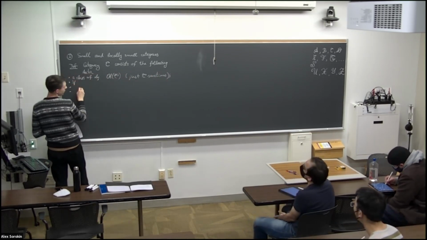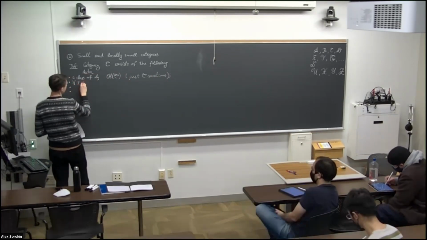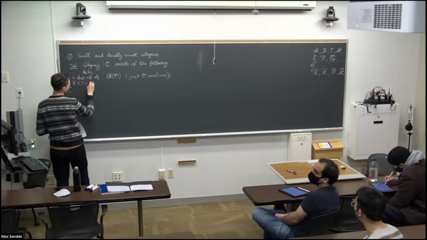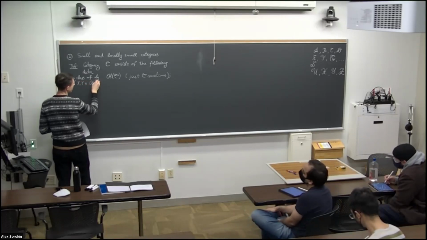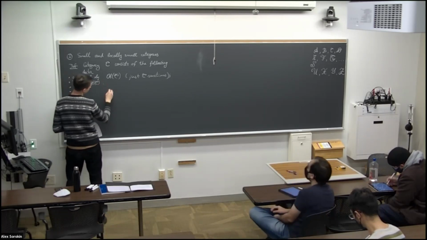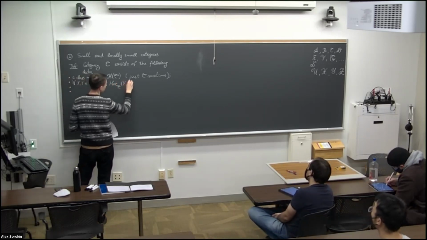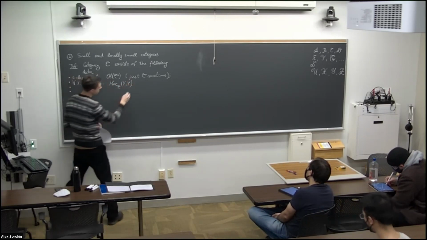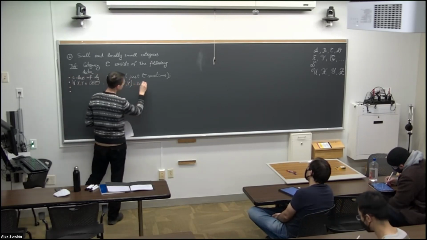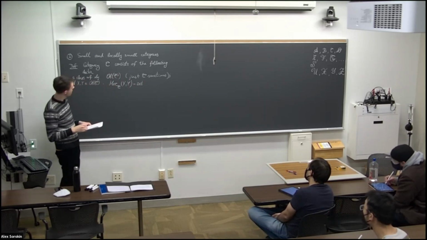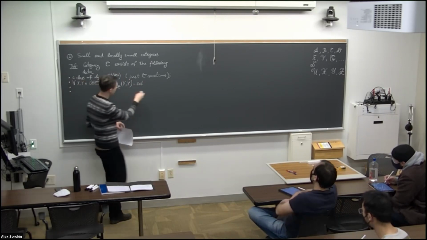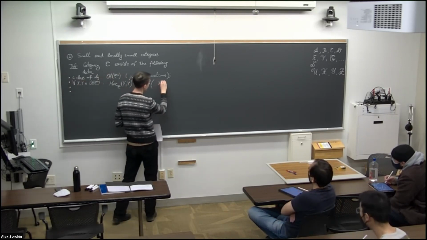For every pair of objects X, Y belonging to this class of objects of C, we have a set of morphisms in C from X to Y.